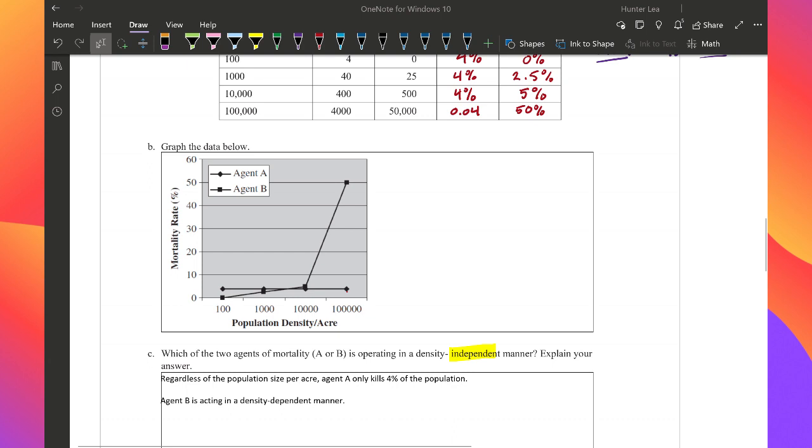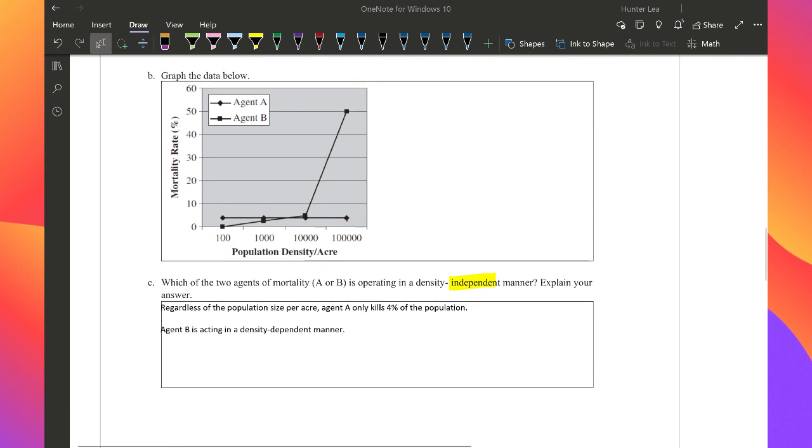This is what we would call a stabilizing mortality agent, where 10,000 individuals is the critical mass of whatever this environment is.